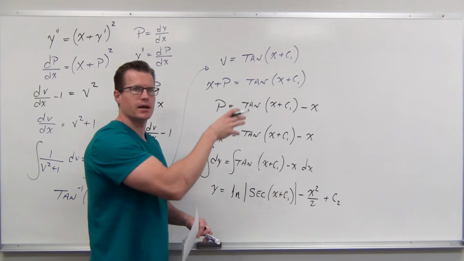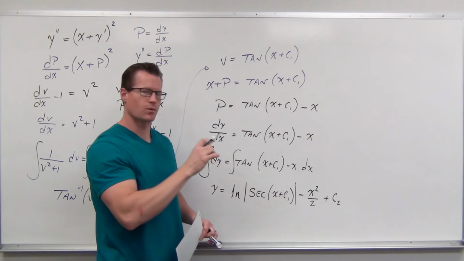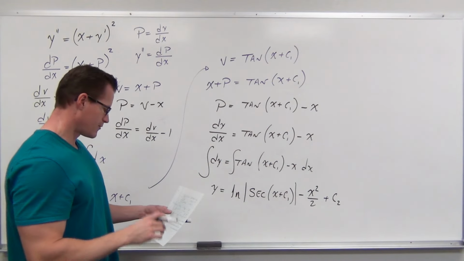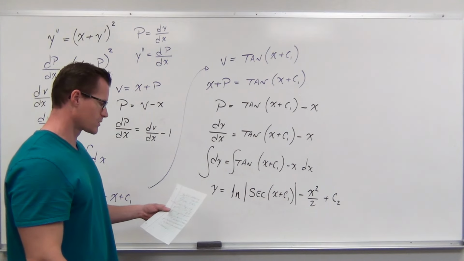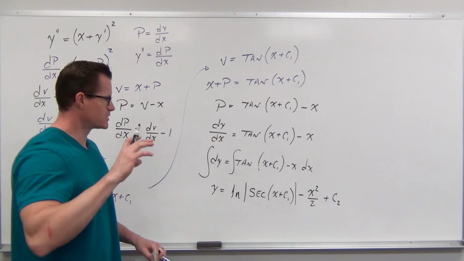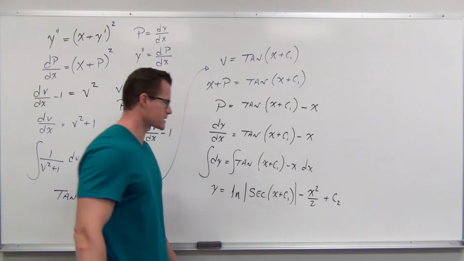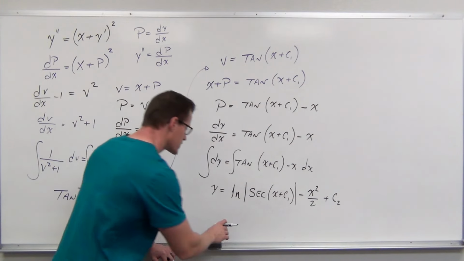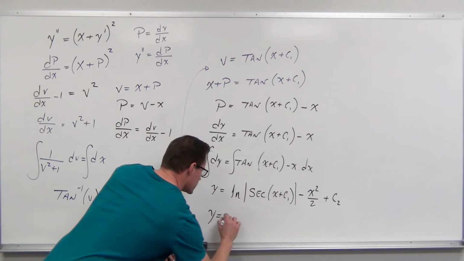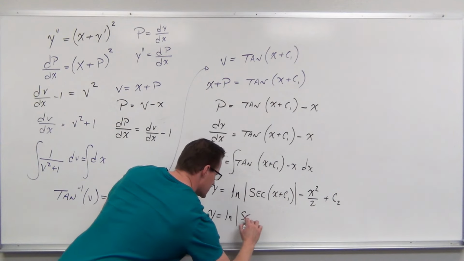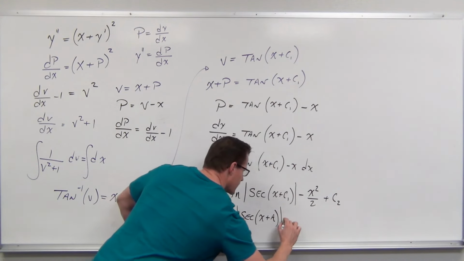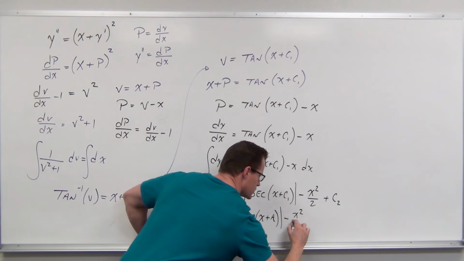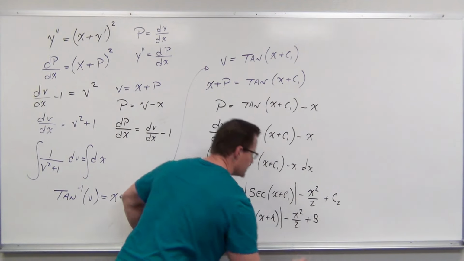You're integrating an arbitrary constant from a previous integral. That's a different idea. So we have y equals ln, absolute value, secant, x plus c sub 1, and then x squared over 2 plus c sub 2. Let's just call our arbitrary constants something slightly different. A's and b's are what you're mostly going to see. So y equals ln, absolute value, secant, x plus a, minus x squared over 2 plus b.